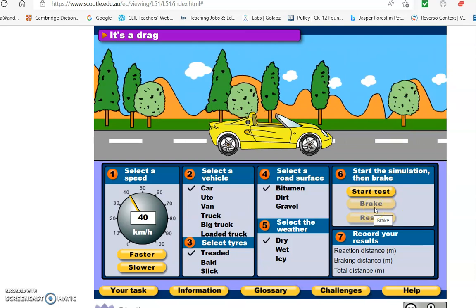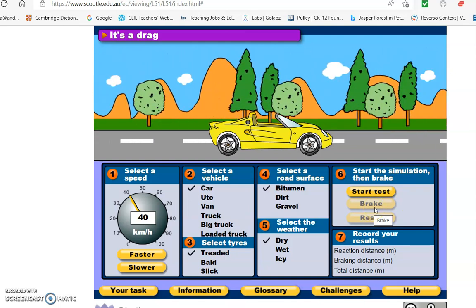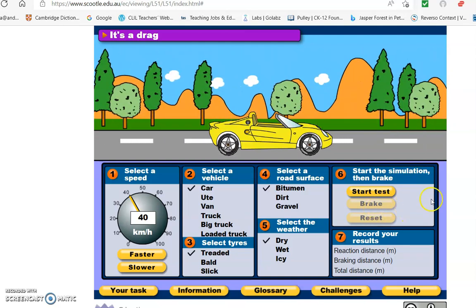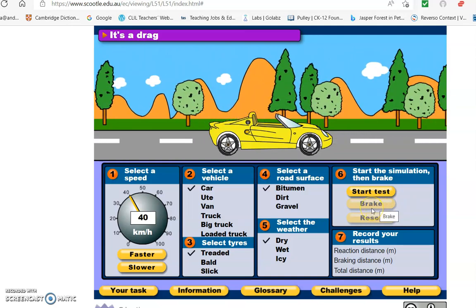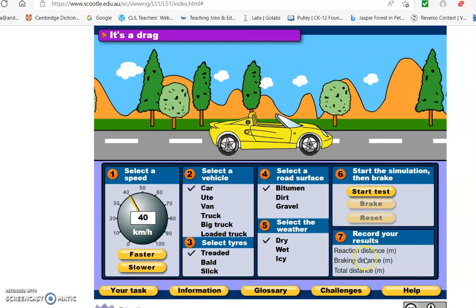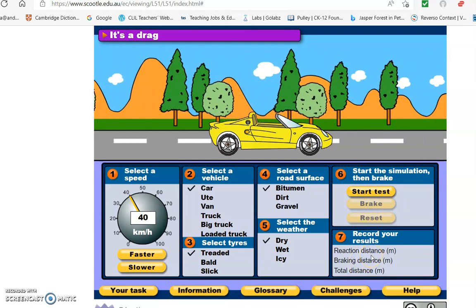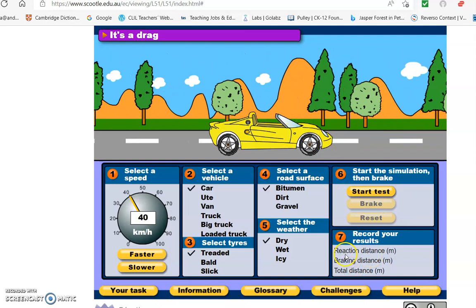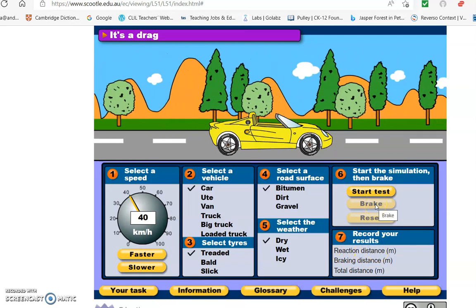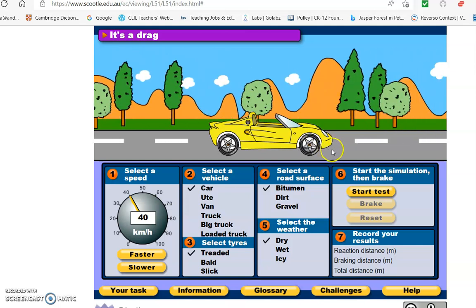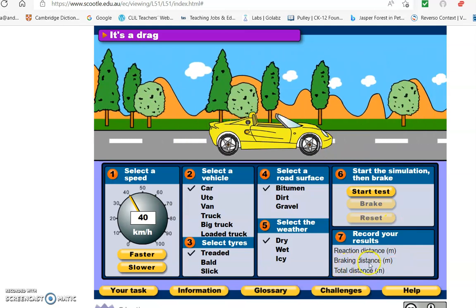The time from the moment that I see the red sign to the moment that I press brake is my reaction time. During that time, the car is traveling, so I have the reaction distance. And as soon as I press brake, the car decelerates, and then we have the braking distance.